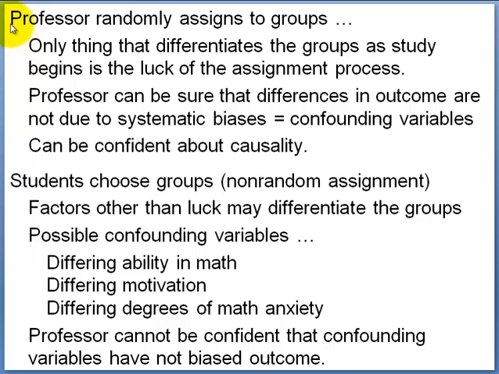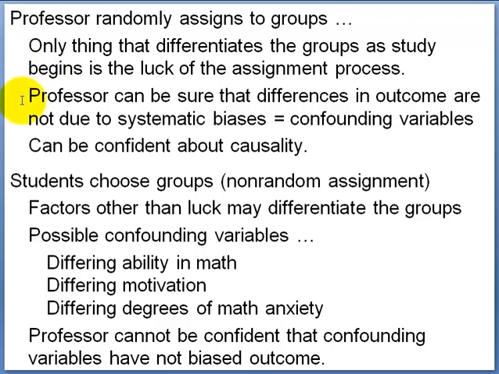Suppose that the professor randomly assigns students to groups, which is to say, perhaps the professor put all of the students' names in a hat and randomly drew, in other words, used a method of chance to assign. Randomly drew names to determine who went to the teaching assistant and who went to the computerized teaching module.